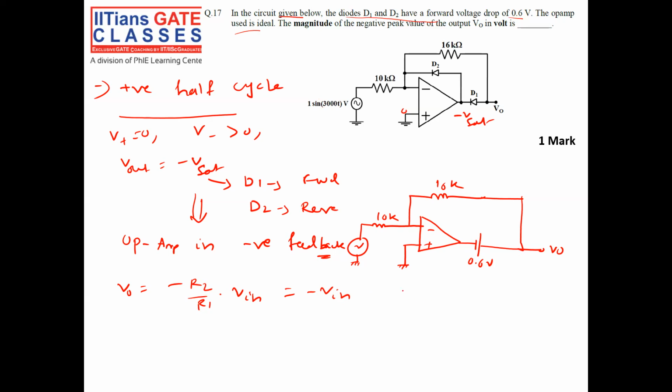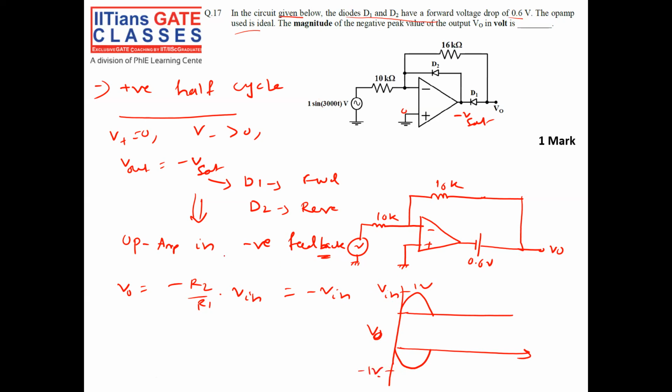So V in is like a 1 volt sinusoid. This is my V in, positive half cycle, 1 volt. What is my V out? V out will be negative, minus 1 volt.